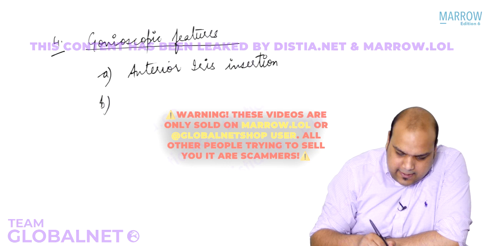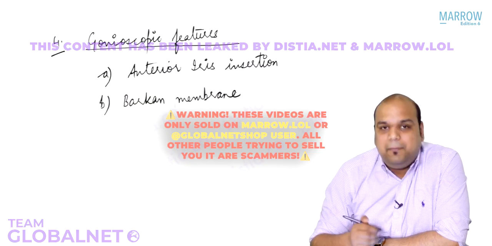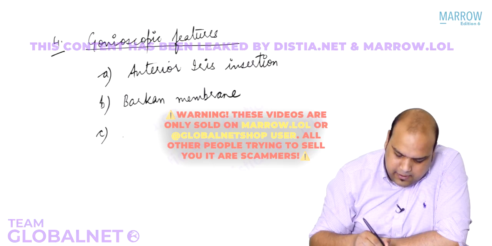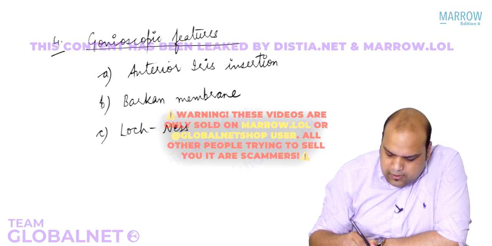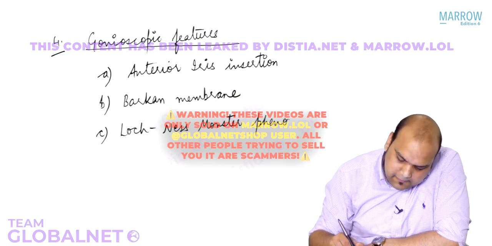Okay. Secondly, there is a membrane which is covering the trabecular meshwork, the pretrabecular membrane, Barkan membrane. Then there is something called the Loch Ness monster phenomenon.